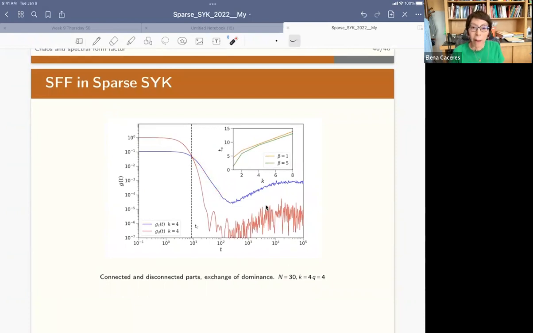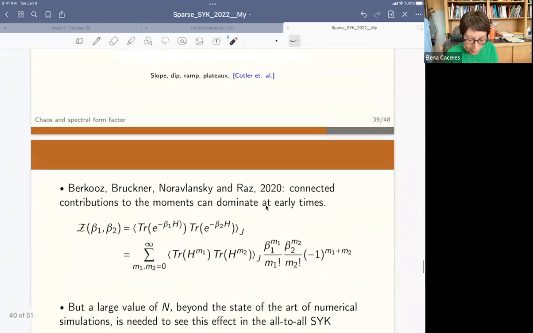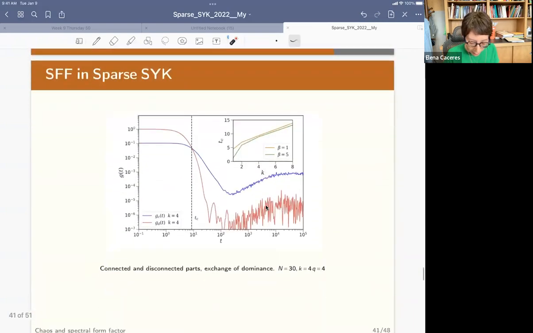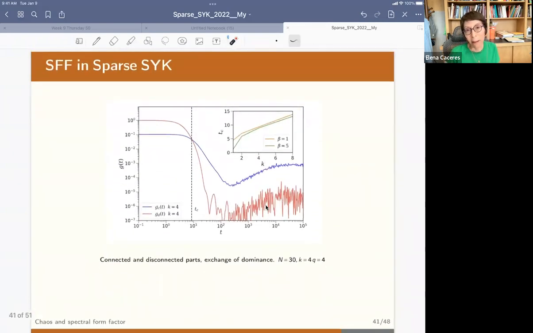Now what I think is going to happen, what these guys argue, is that in the honest-to-God N goes to infinity all-to-all SYK, there's still going to be a difference between the dip time and this time of exchange of dominance. But the difference between these two times is going to be so small that you cannot resolve it unless you go to very large N. So that's the conjecture.